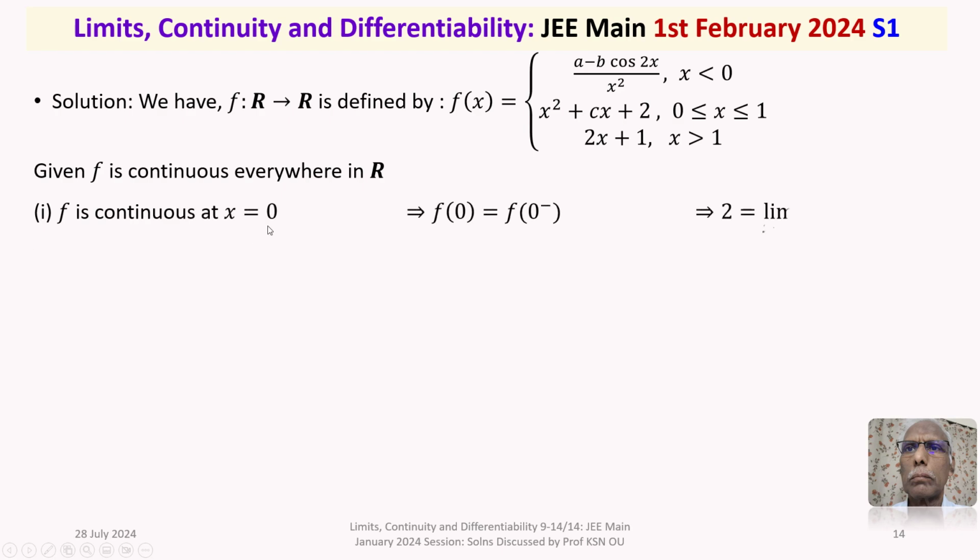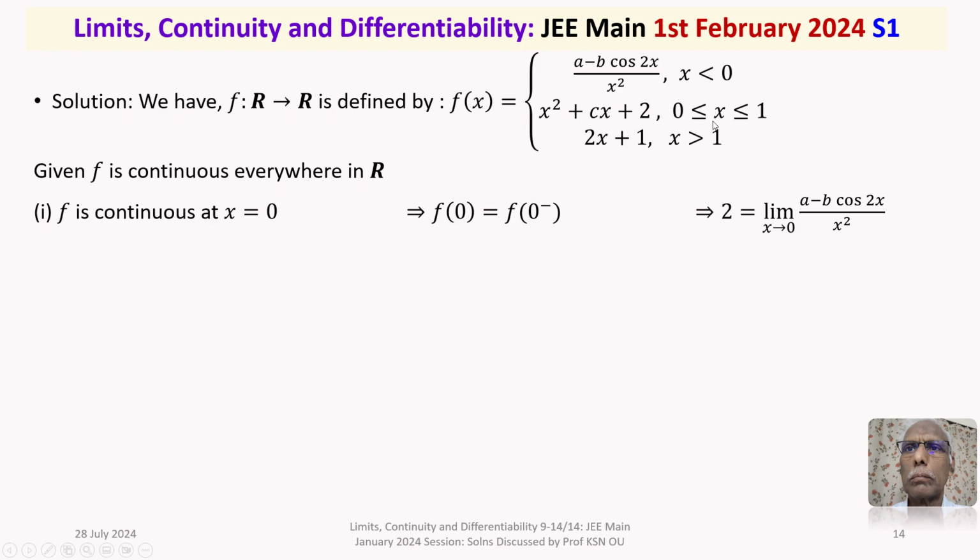F is continuous at x is equal to 0 and the value of f at 0 is equal to f of 0 minus. That is why we have taken f of 0.